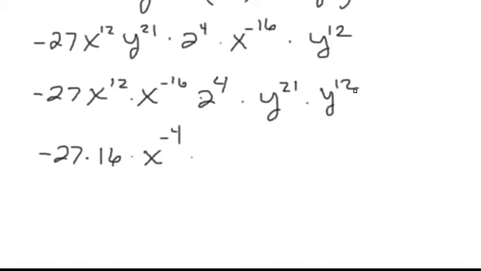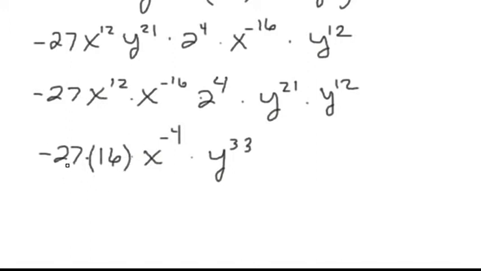So my brain shut down. We have a 21 and a 12. Let's see. So this is y. So we add our exponents. That's 33. So we're almost done here finally. Should have put parentheses around that.